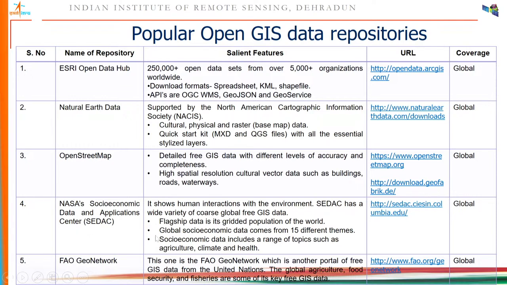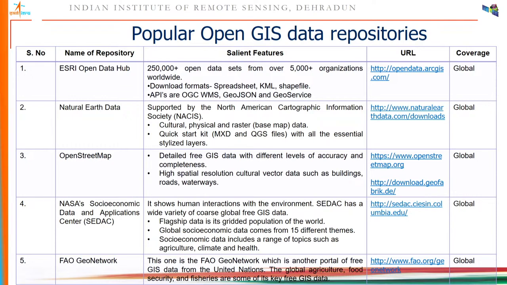Then another repository is called the NASA Socioeconomic Data and Applications Center, also known as SEDAC. It shows the human interactions with the environment. SEDAC has a wide variety of coarse global free GIS data, like flagship data, the gridded population of the world.